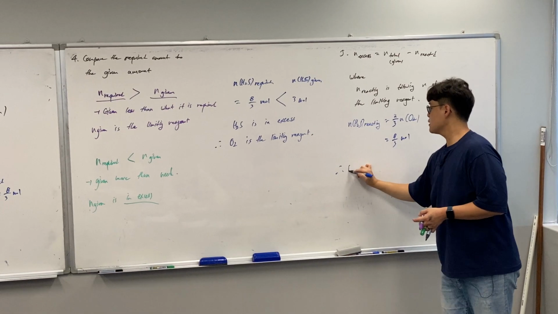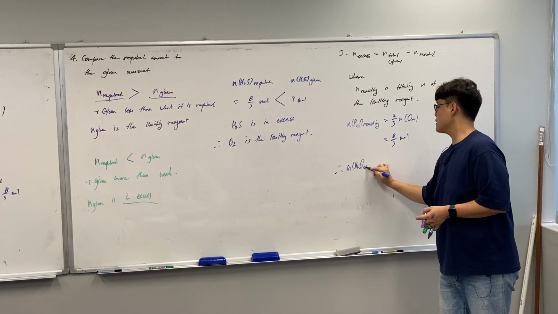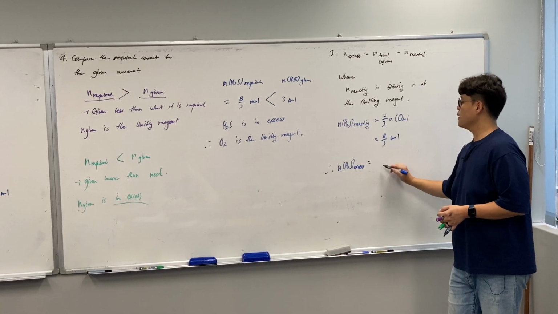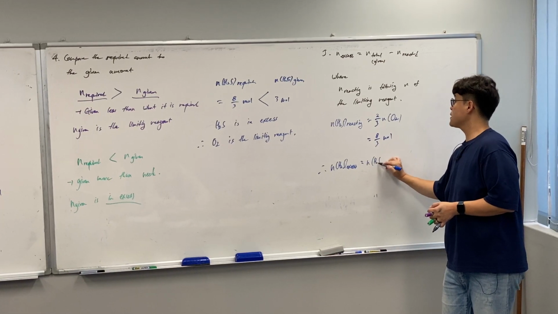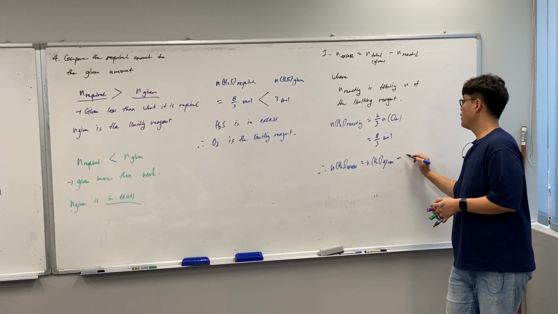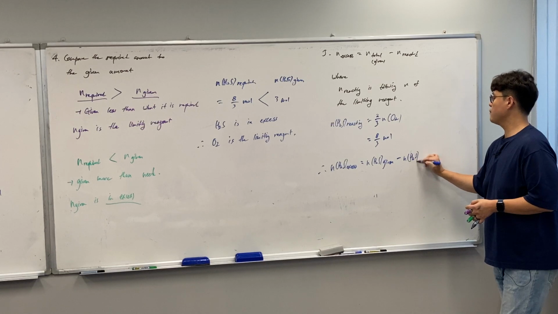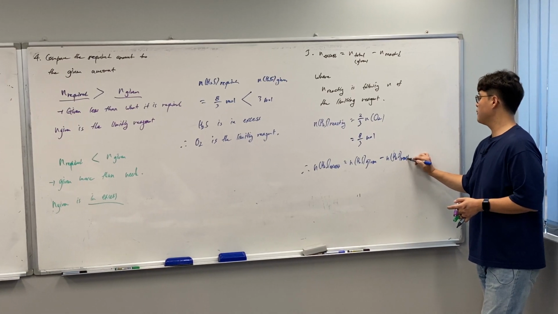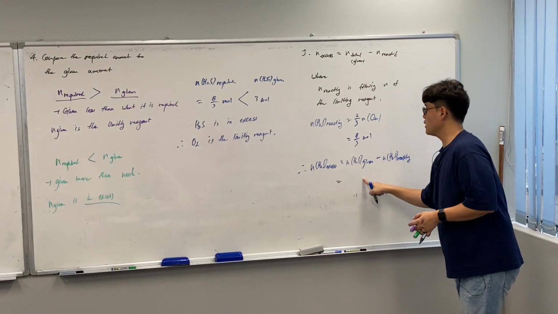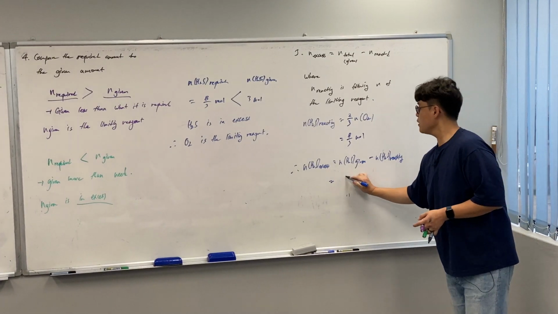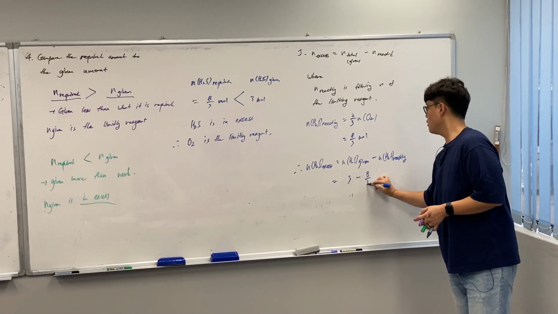Therefore, the n of the H2S in excess is the n of the H2S that's given minus the n of the H2S that's reacting. That is, H2S given, you're given 3, minus 8/3.